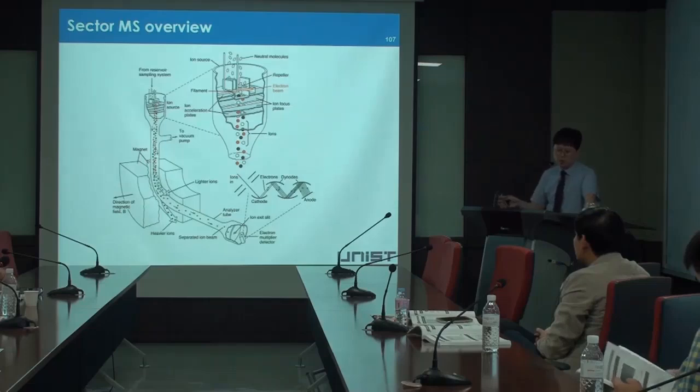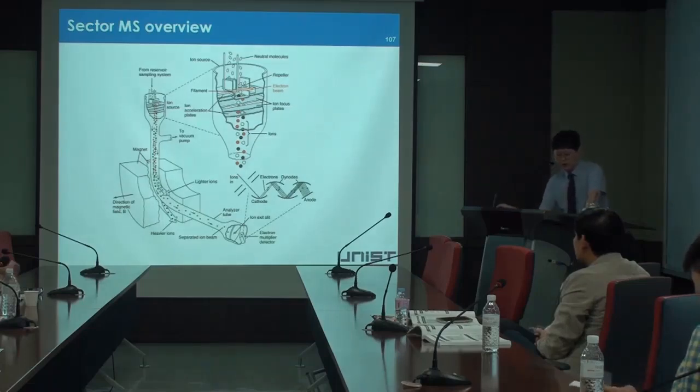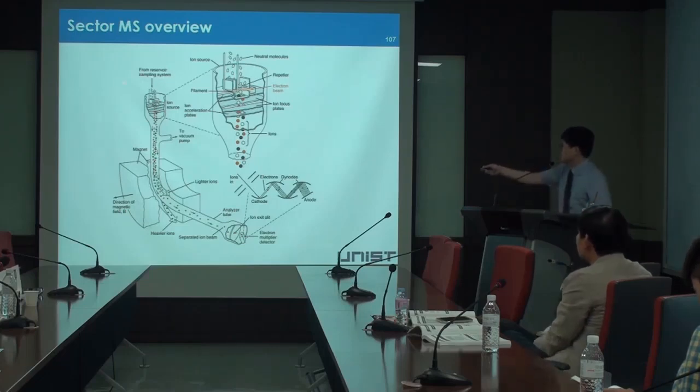Okay, this is the overall instrumentation of the sector type MS, magnetic sector. Here is the layout from the sampling system. From the GC, our neutral molecule enters into the ion source.